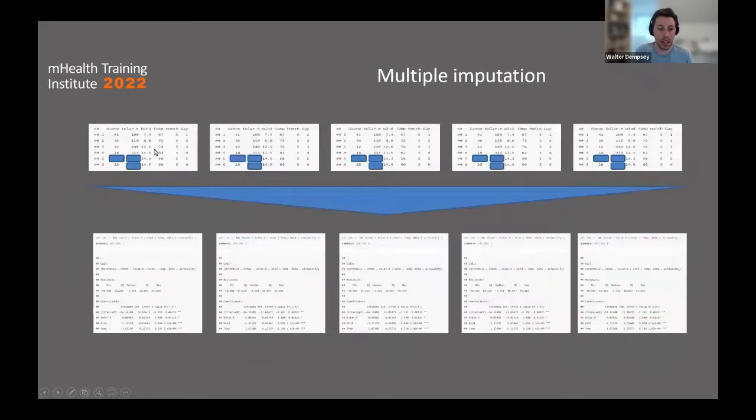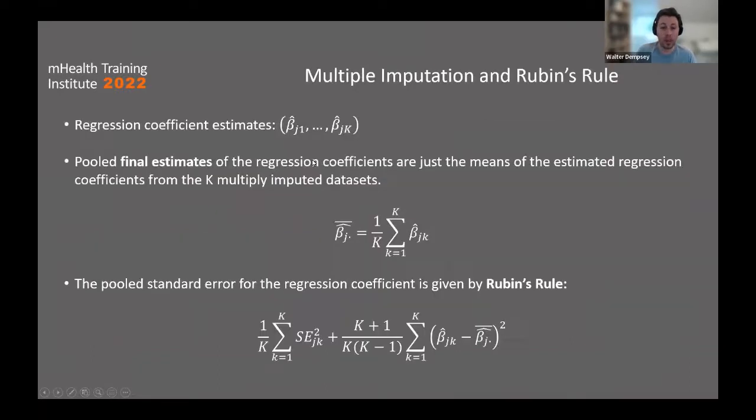Then I'm going to take each one, pretend that the other 4 don't exist, and run my linear regression directly on that complete data set with its imputed values. So I'm going to get 5 different models with 5 different regression parameters. And then there's just a method for combining them.